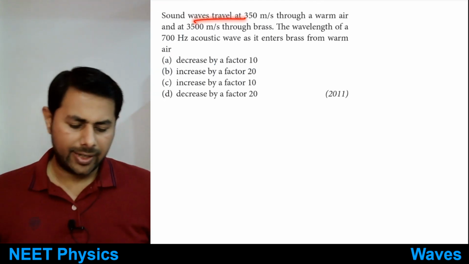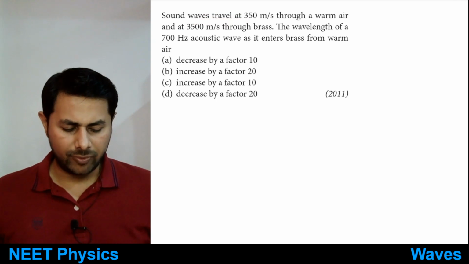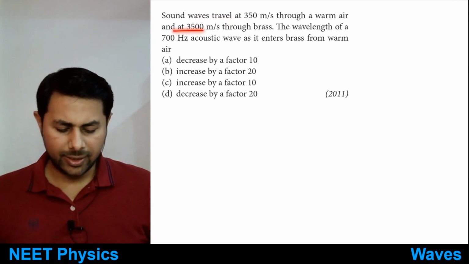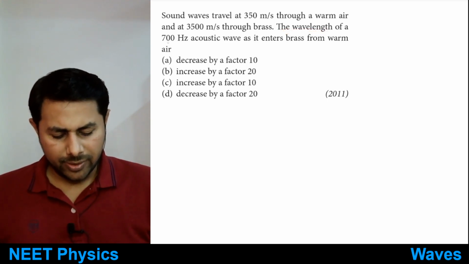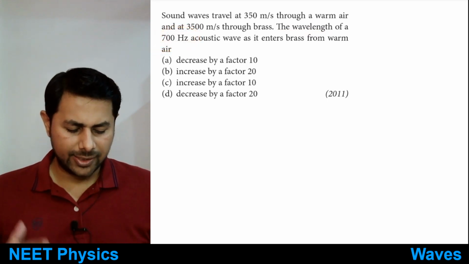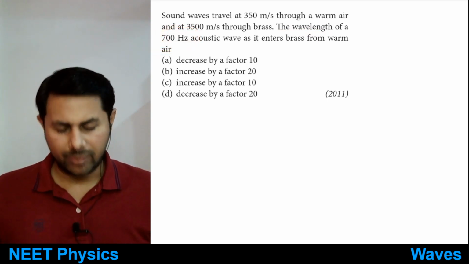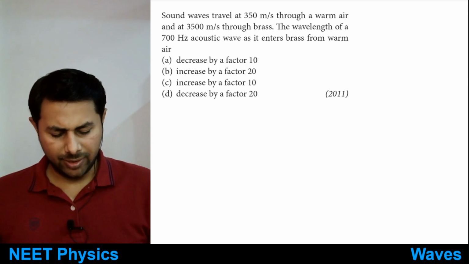Sound waves travel at 350 meters per second through warm air and at 3500 meters per second through brass. Okay, the wavelength of a 700 hertz acoustic wave as it enters brass from warm air is. Okay, tell me.